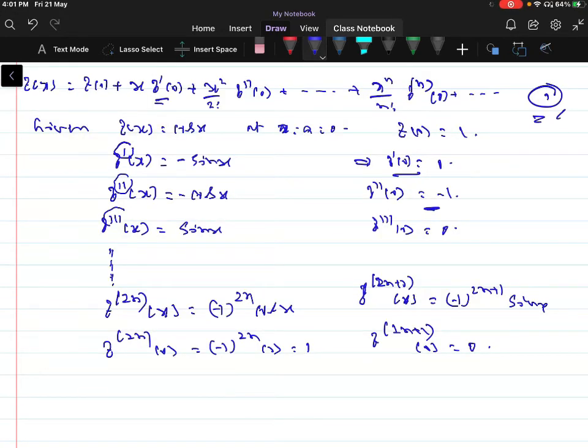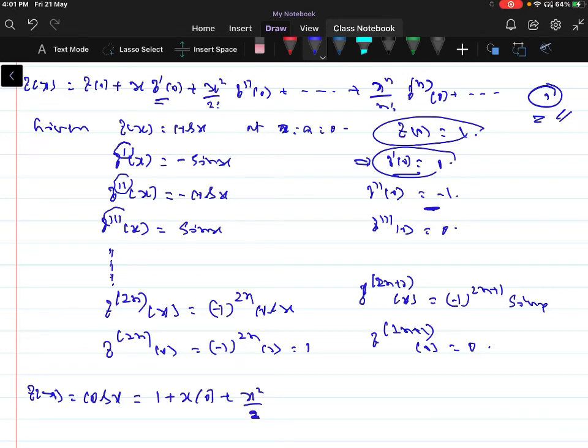So therefore equation 1 becomes, where f of x is equal to cos x, 1 plus x into f dash of 0, which is 0, plus x square by 2 factorial into f double dash of 0, which is minus 1, plus x cube by 3 factorial into f triple dash of 0, which is 0, plus and so on.